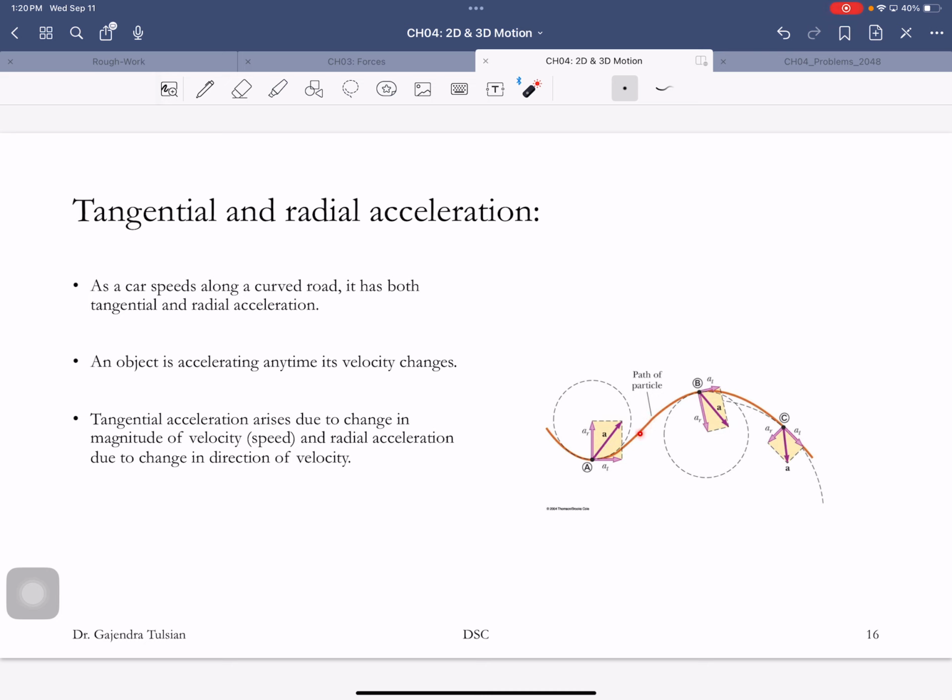Whenever you're in a straightaway, this acceleration will go to zero, because your direction is not changing. Only your magnitude can change. So on a straightaway, you can only have tangential acceleration. On a curved path, you can make the tangential acceleration zero by keeping constant speed.